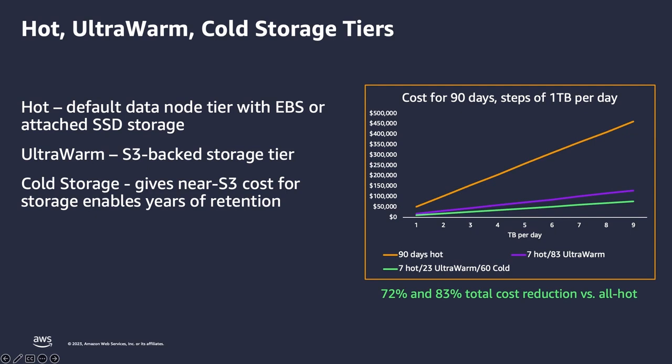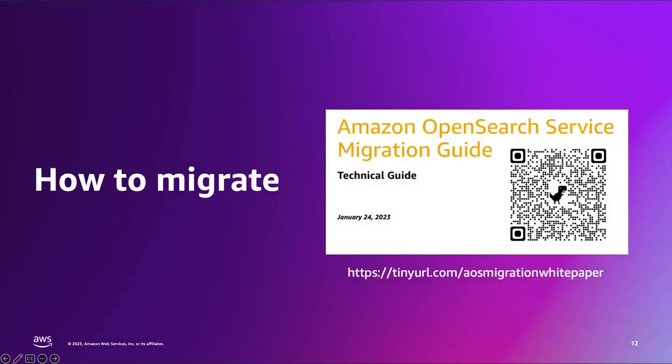Now that we have covered the challenges, benefits, and motivations of moving to a managed service such as Amazon OpenSearch Service, we will discuss the steps and a typical customer journey in the migration.